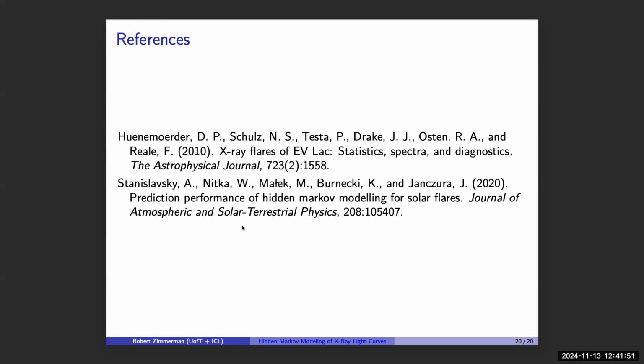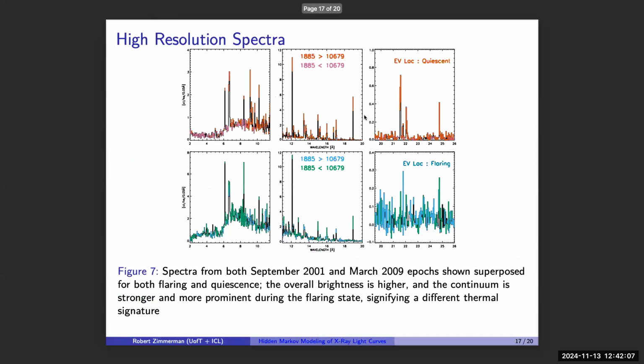But Jeff, just before you ask your question, I just want to point out that there's a bunch of stars people here. So Robert, if you could go to that spectral image for a moment, I just want to make one point to them. One of the main results that popped out of this was that if you look at the upper panels, that's telling you what the quiescent emission is, the different spectra over different wavelengths.